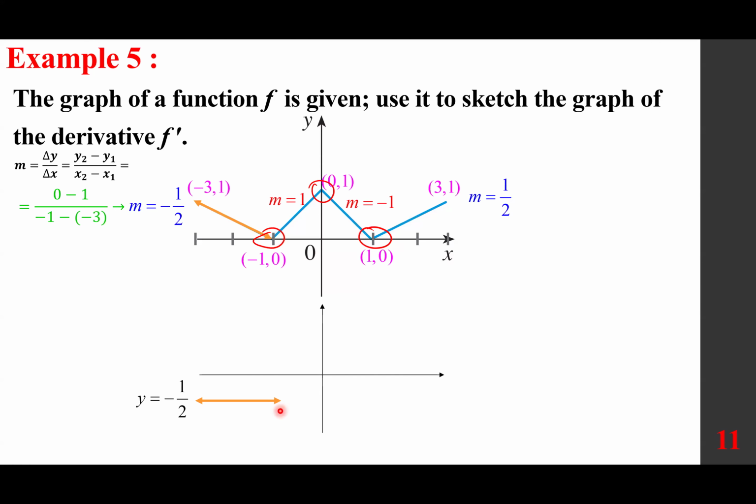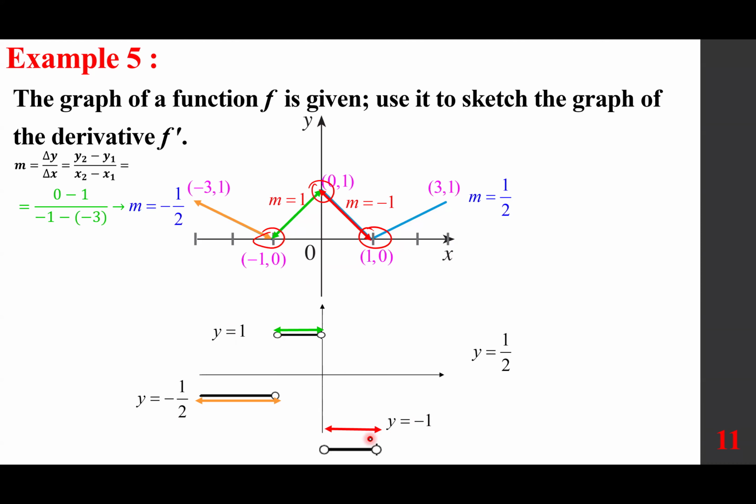So for this one, we have a hole here and it goes to the left. So we write y equals 1, y equals -1, y equals 1/2. And for this one, it covers this much. Both ends must have a hole. For this one, it covers this much.